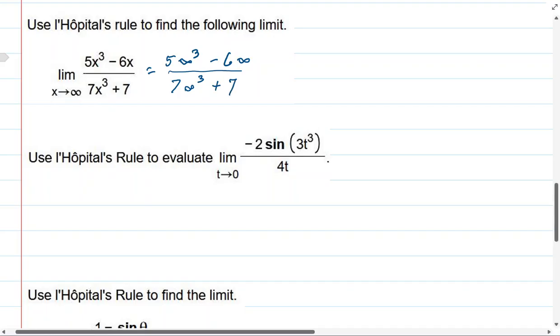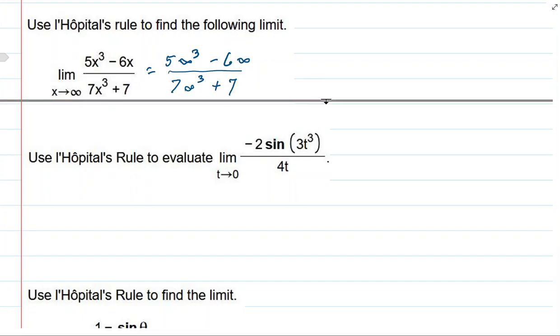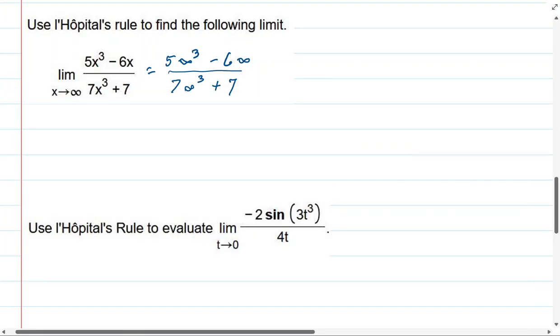Now, in the algebra of this, we would have divided the top and the bottom by what? The highest degree variable. What is it? Because in this case, we have infinity over infinity plus 7.